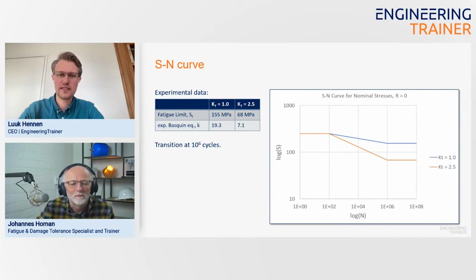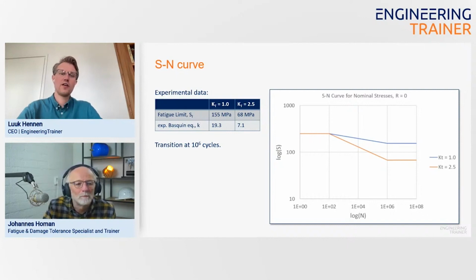Basically, it says the stress amplitude to the power k times the life to failure, so N, equals a constant. And that constant, well, you can derive by taking the transition point where it goes from the sloped part to the fatigue limit part, so the horizontal part at, in this case, 10 to the power 6 cycles, so 1 million cycles. So that way you have your SN curve determined, and those curves are used as input for the analysis.